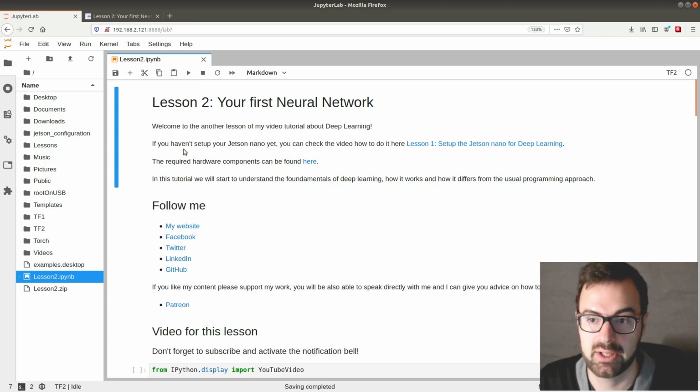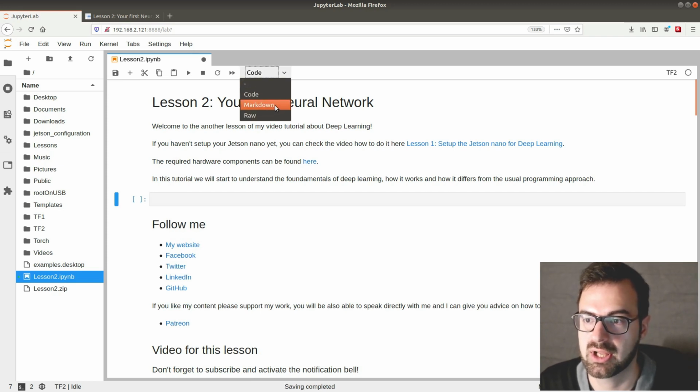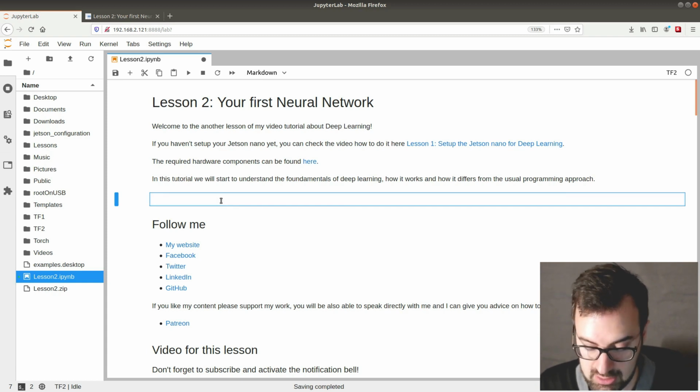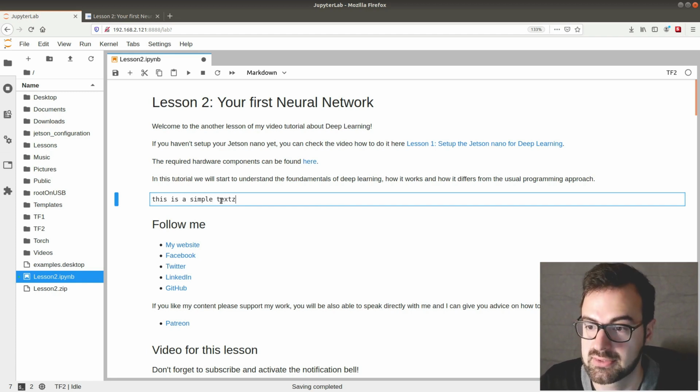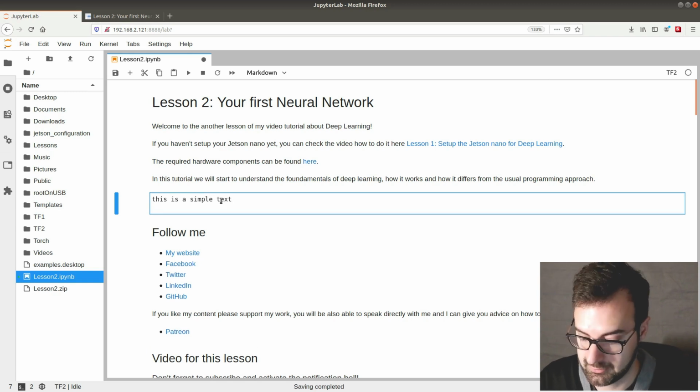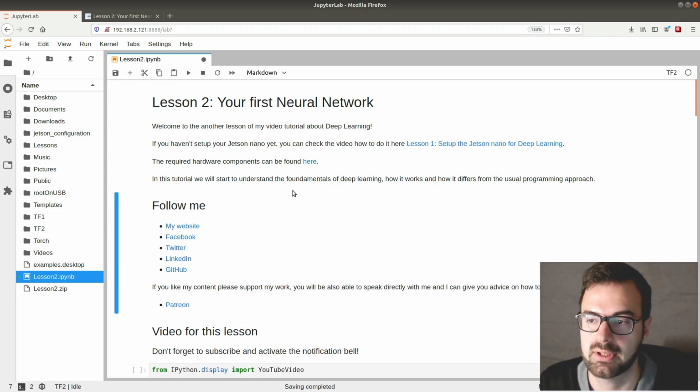If you want to add a new cell, you can click on the plus button, and here in this case it's code, but you can change it again to markdown, and markdown is nothing else than text at the end, so we can type this is a simple text. Press Ctrl Enter, and here's the file. If you want to remove this line, you can just click on the scissor up here and it's all back again.